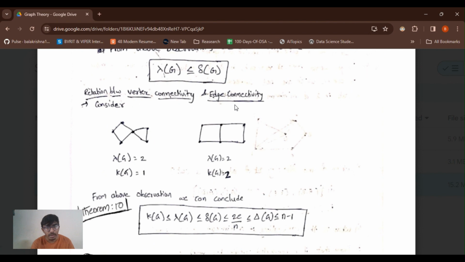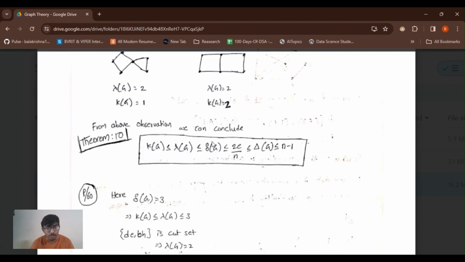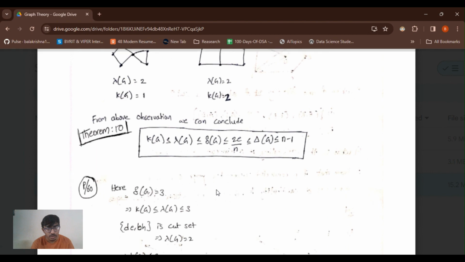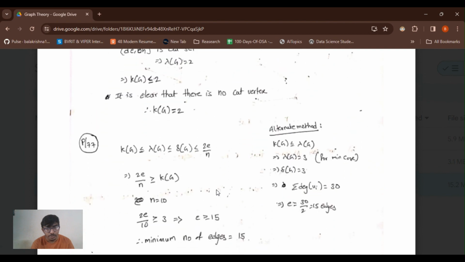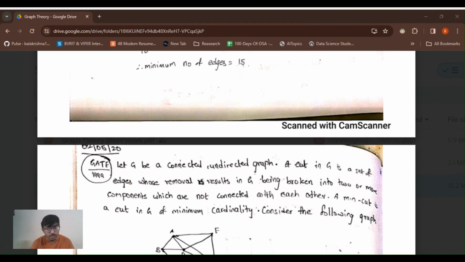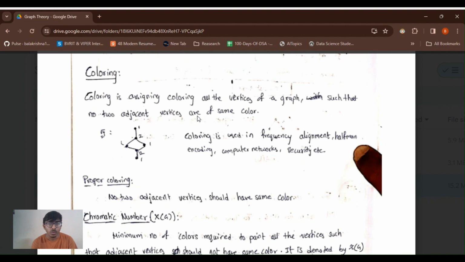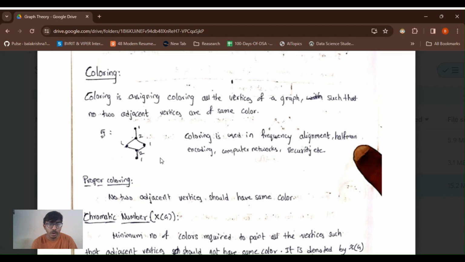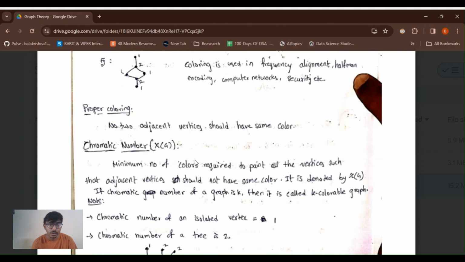Relation between vertex connectivity and edge connectivity. So this is the relation. Coloring is nothing but coloring the graph in such a way that no two adjacent vertices have the same color.